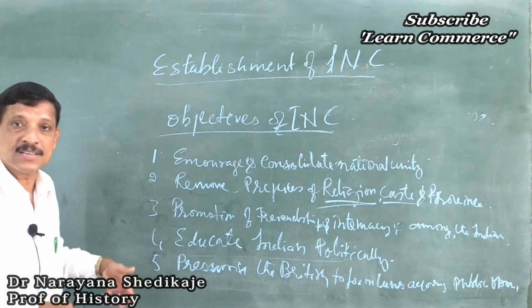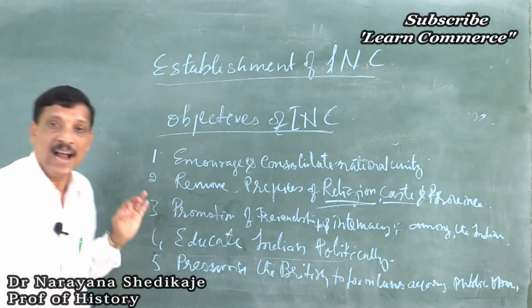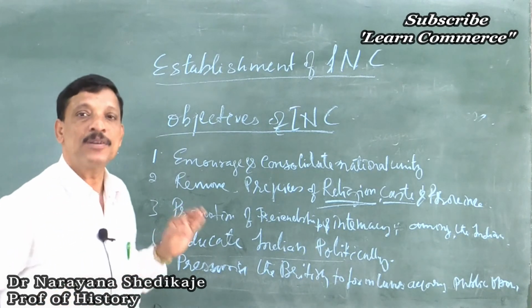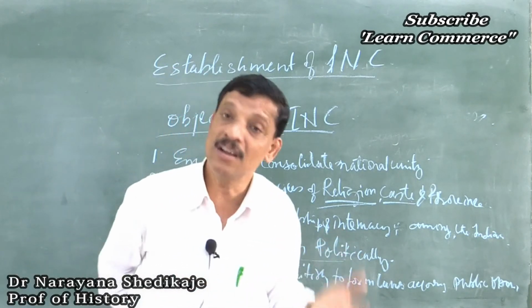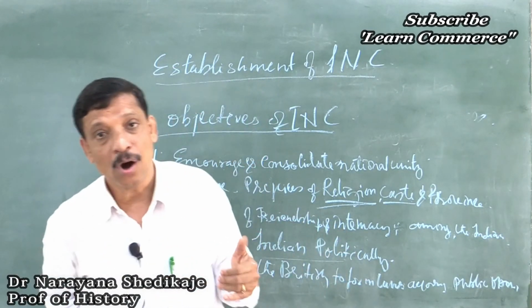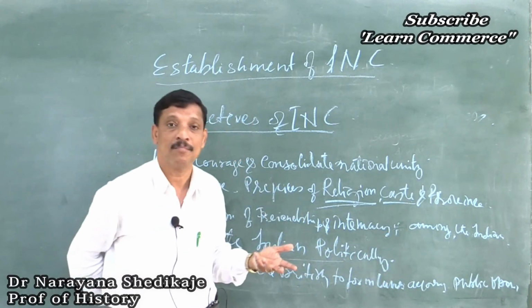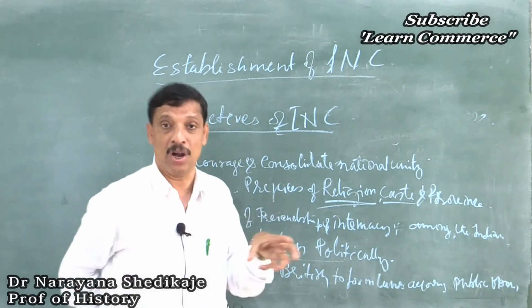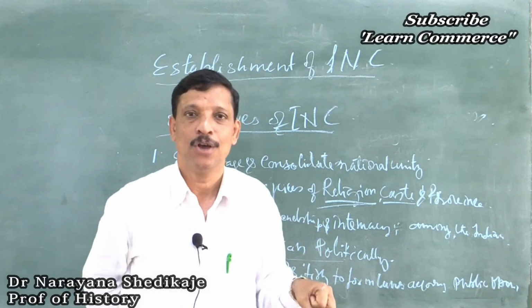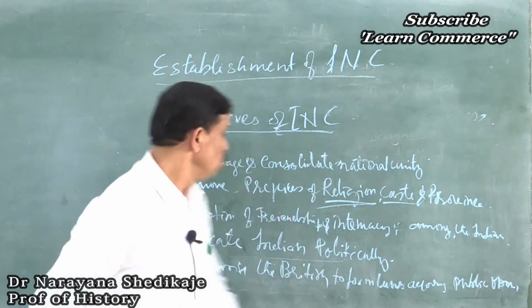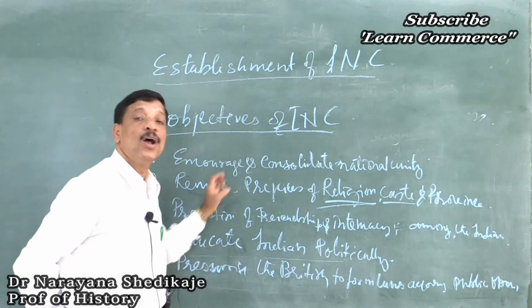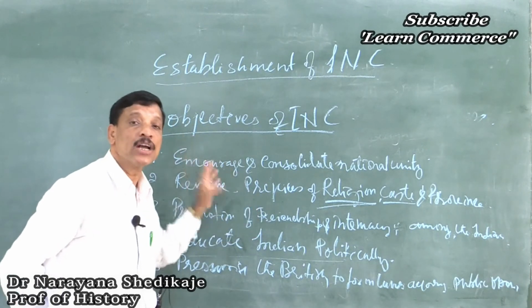We should pressurize the British. Single-handedly, a king or a common man or a political leader cannot pressurize them. But as a whole, as Indians, we should pressurize them through a particular stage or organization.